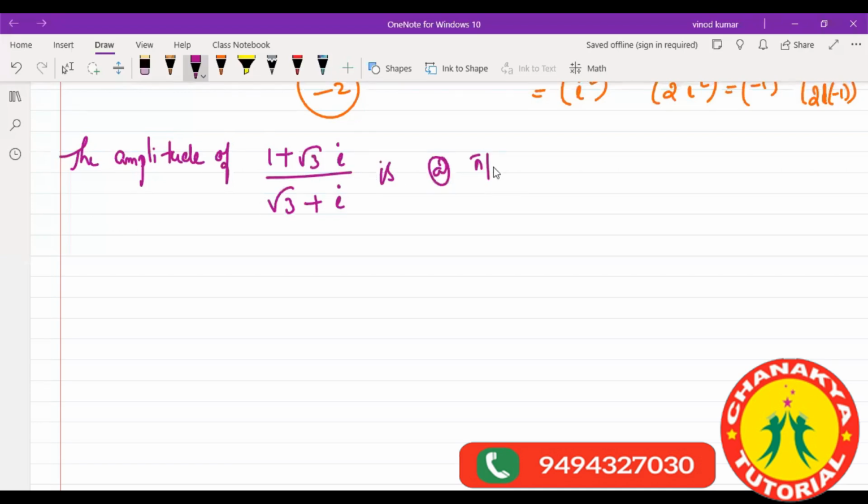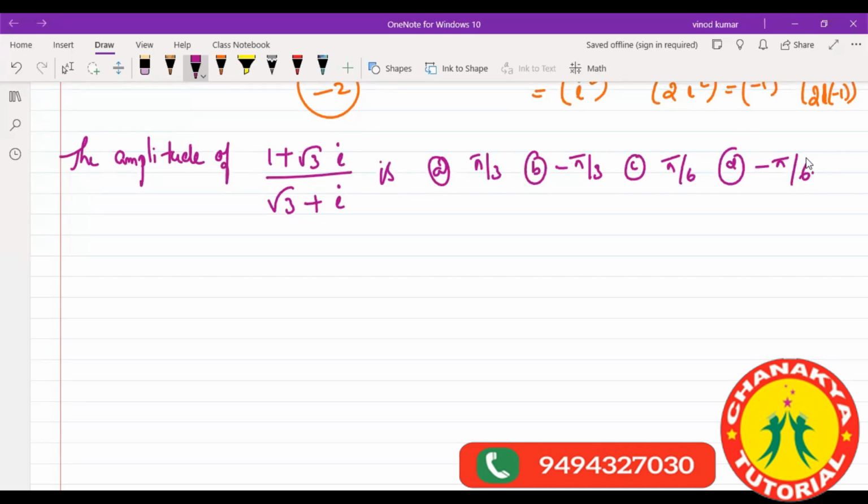Option A is pi by 3. Option B is minus pi by 3. Option C is pi by 6. Option D is minus pi by 6. Yes, here amplitude form he is asking. Amplitude form is cos theta plus i sin theta.